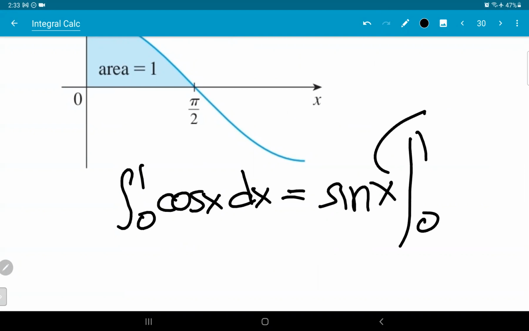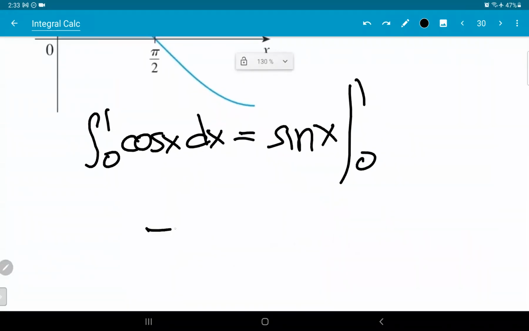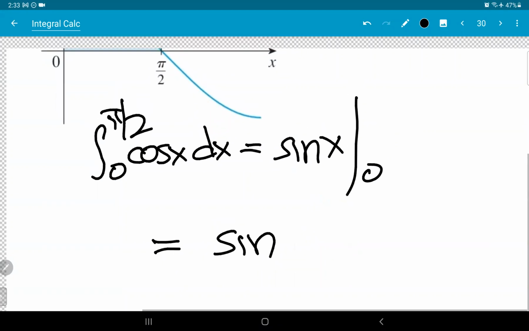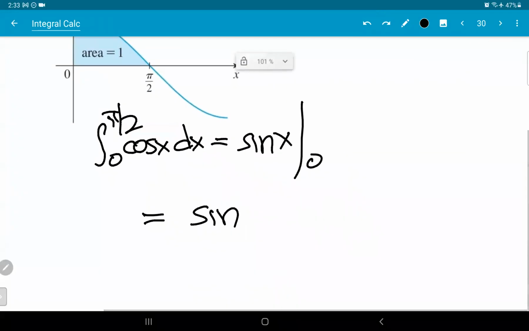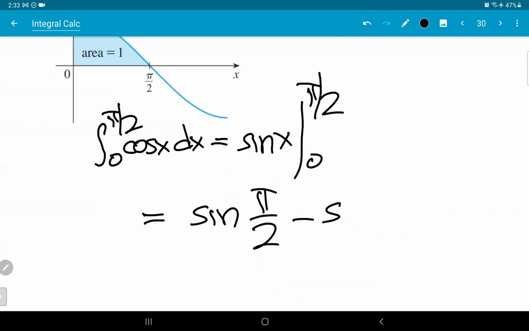The upper limit first. So that would be sine of pi over 2, minus sine 0.